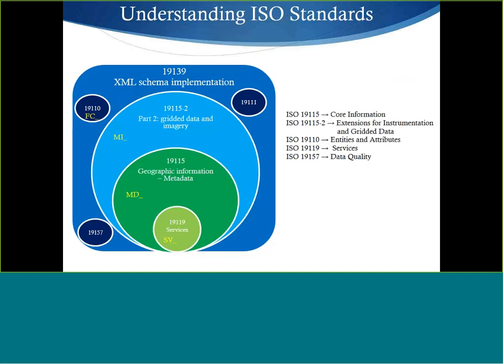A metadata standard is basically a standardized way of organizing the information that goes into your metadata record. It asks specific questions about what kind of information you have, and it puts it in a specific order so that all metadata records of that same standard are going to basically look the same.